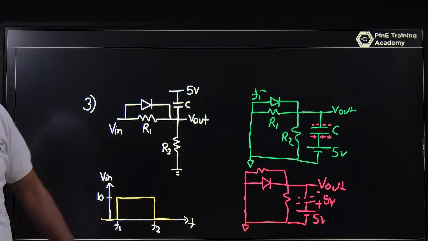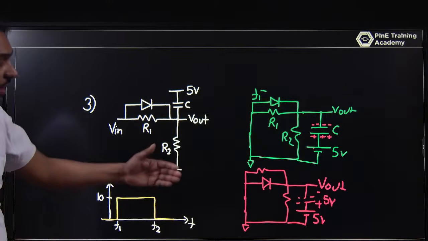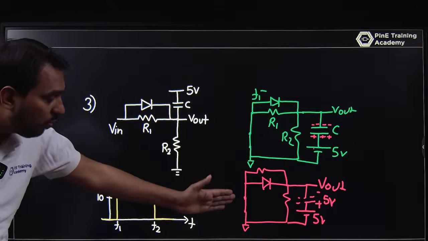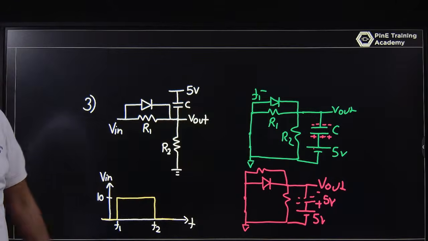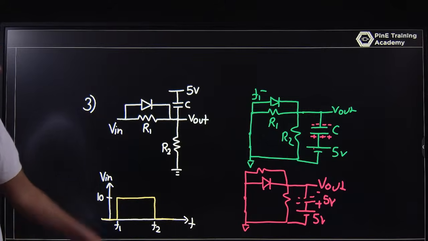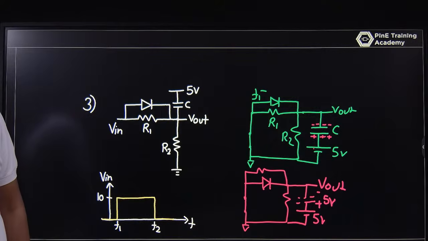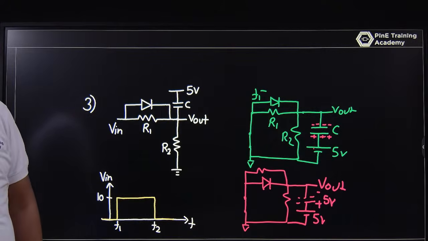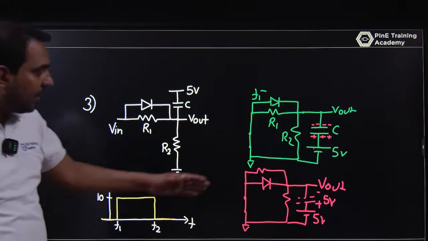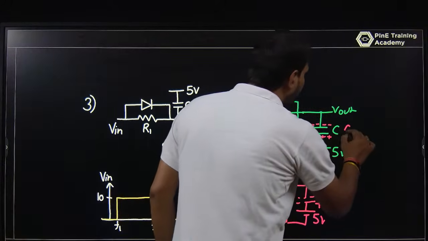The capacitor is blocking. The capacitor will not allow the 5 volt supply to reach the circuit. The capacitor will hold this 5 volt, and there will be 5 volt across the capacitor. So Vout is 0, and the capacitor has a voltage of 5 volt.